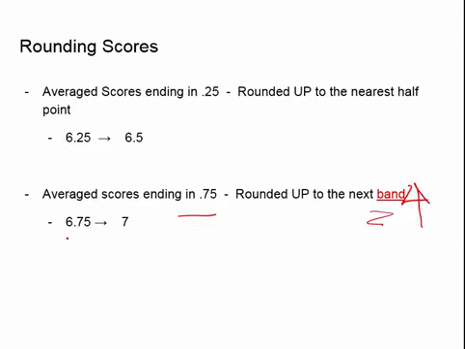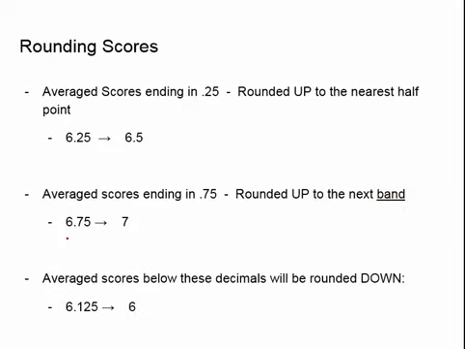A person who gets 6.75 will have their score rounded up to 7. Unfortunately, if your score, after it's been averaged, ends in 0.125 or lower than the 0.25 that we have up here, then it's going to round down to the band score. So a 6.125 average of all 4 sections would end up being an overall band score of 6.